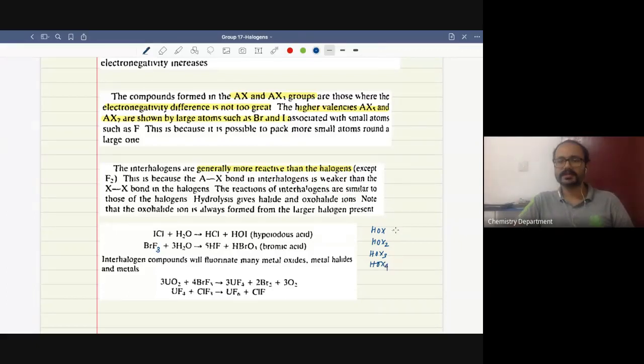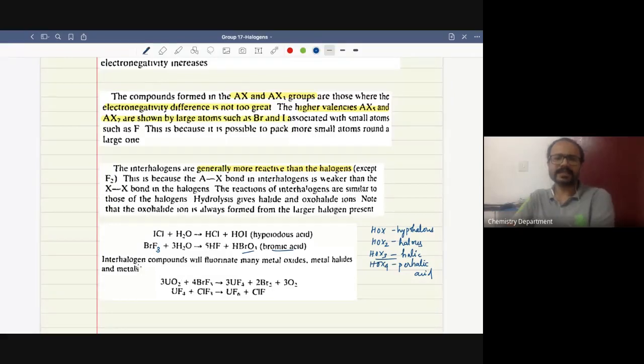This is hypohalous acid, this is halous acid, this is halic acid, and this is perhalic acid. So in this case, what is formed is bromic acid, because the halogen is bromine.